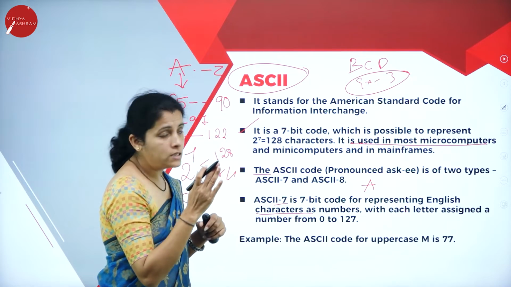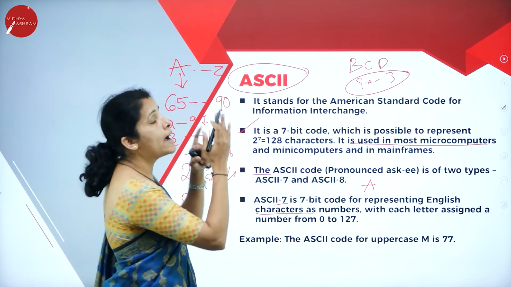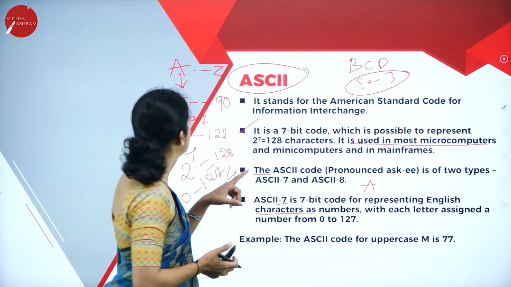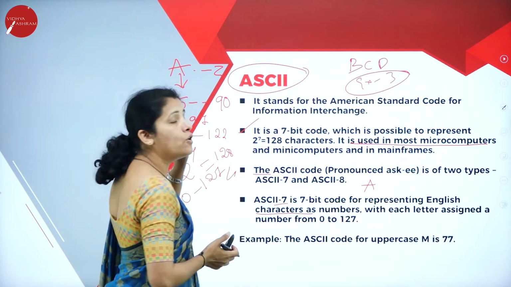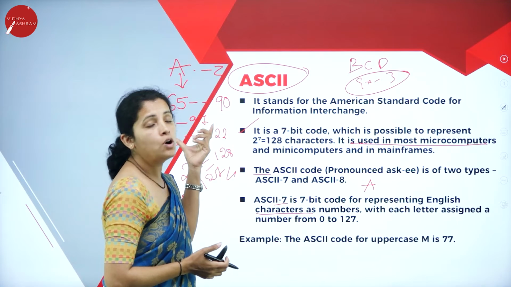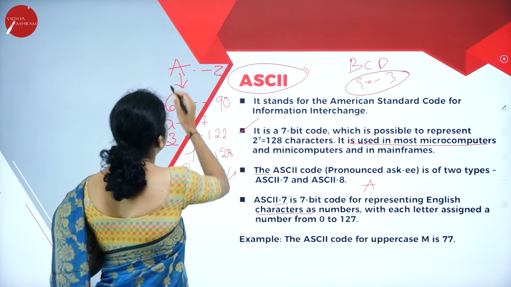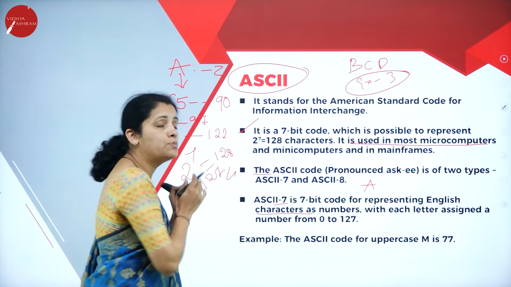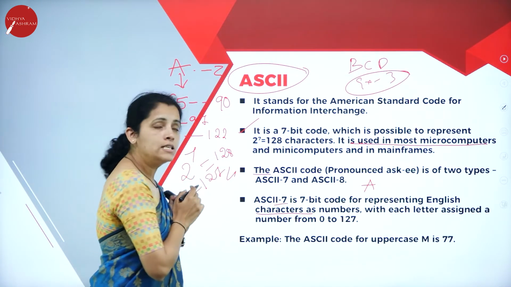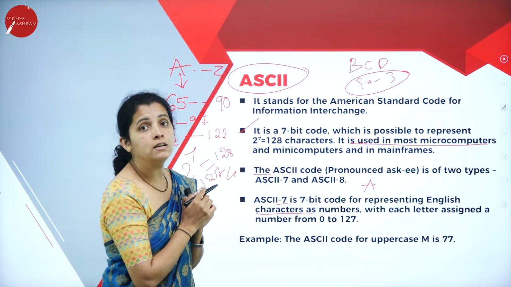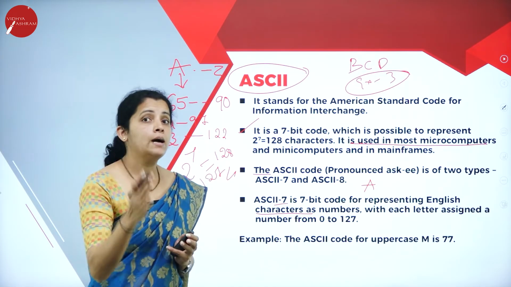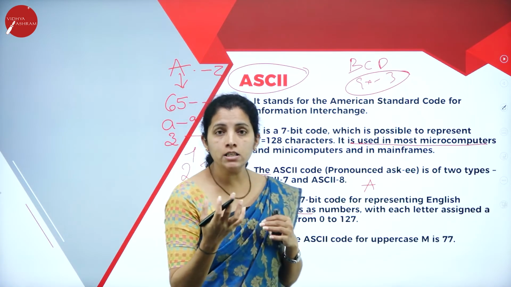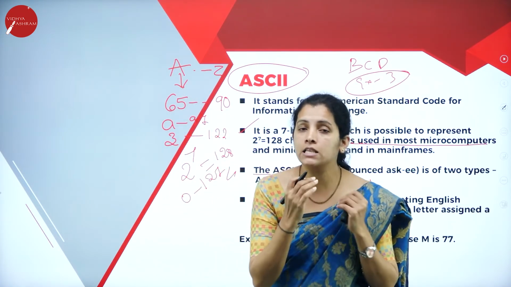And in computers, uppercase and lowercase letters are different. For that reason, the range of the ASCII is also different. So here, for capital letter A, it is 65. And if I consider small letter a, it is 97. And to represent numbers, we have ASCII values. To represent special characters, once again, we have ASCII values.